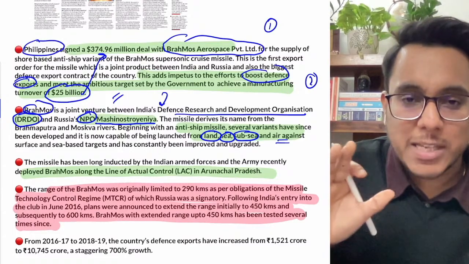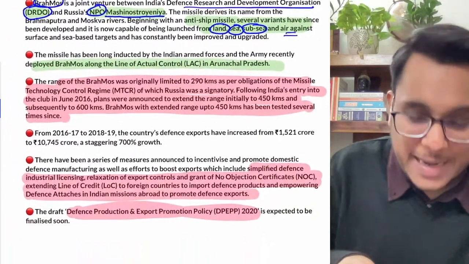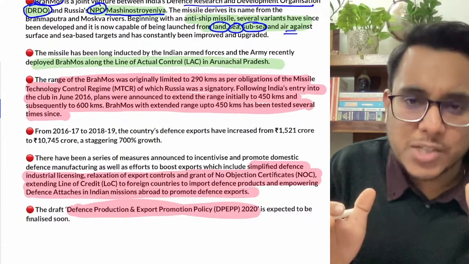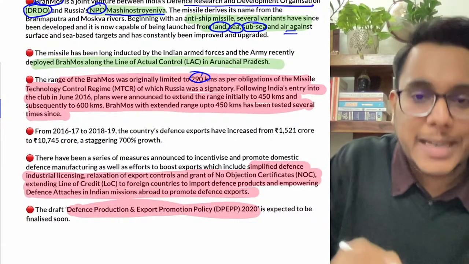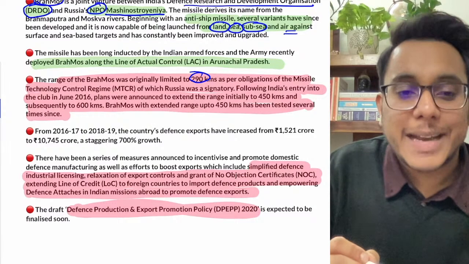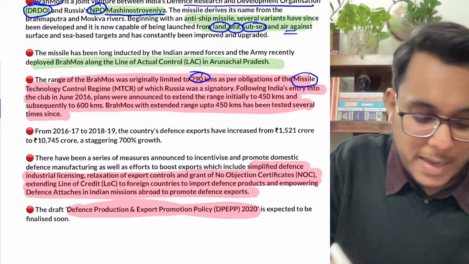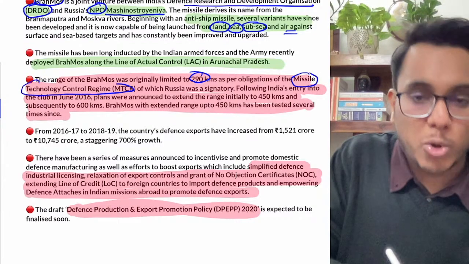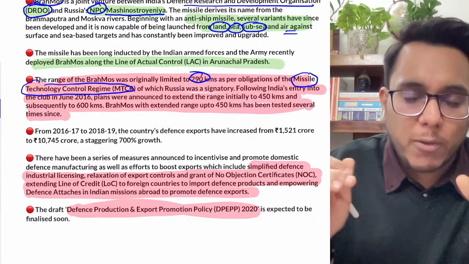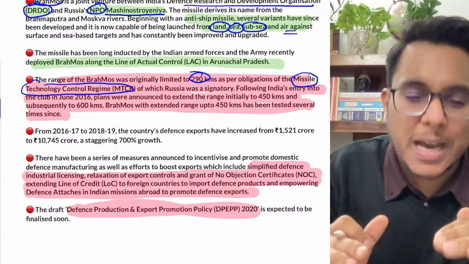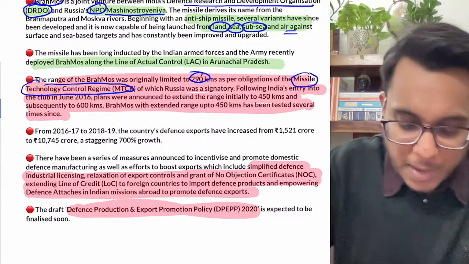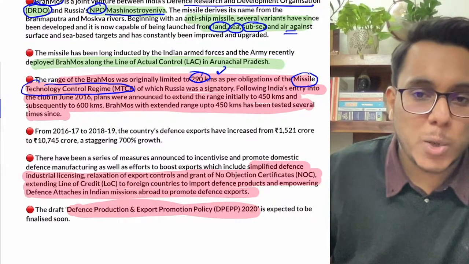Is it clear? Now, guys, initially the BrahMos missile's range was capped at 290 kilometers. Why? Because India was not a member, and there was a certain obligation imposed by the MTCR, that is the Missile Technology Control Regime. India was initially not a member of the MTCR, so we had to develop our missiles up to 290 kilometers only.